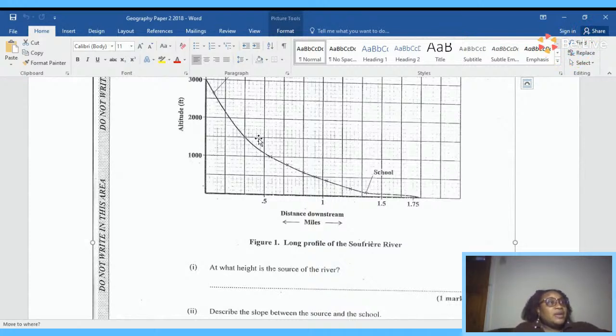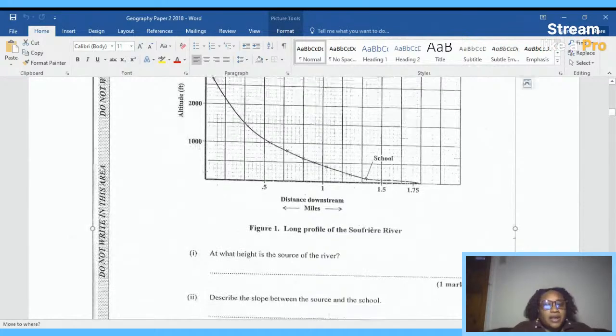Very good, Michaela. Good going. The upper course is steep, while the lower course is more gently sloping. So you can describe that. You identify it's a concave slope, but it begins in the upper course, or closer to the source. So use the words that they gave you. They ask you for the source to the school.